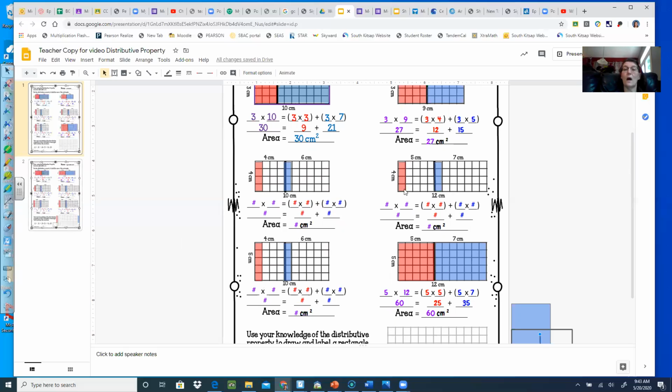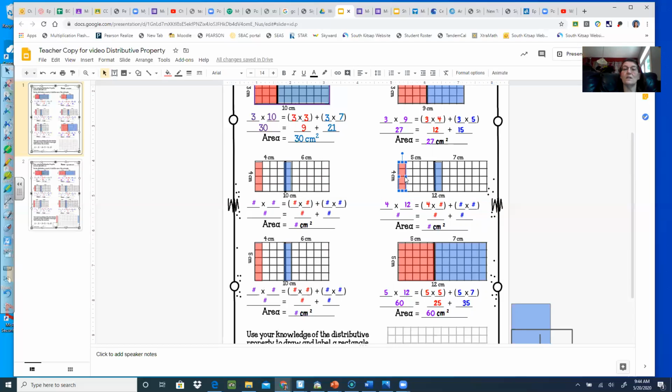Okay, so my original shape is a 4 by 12. So 4 rows of 12. 4 rows of 5.